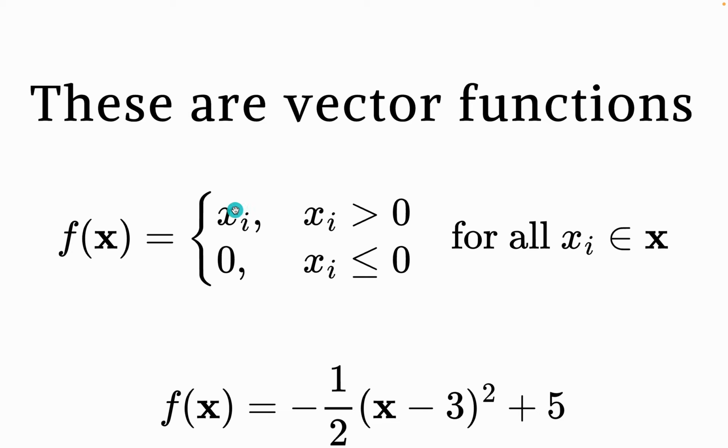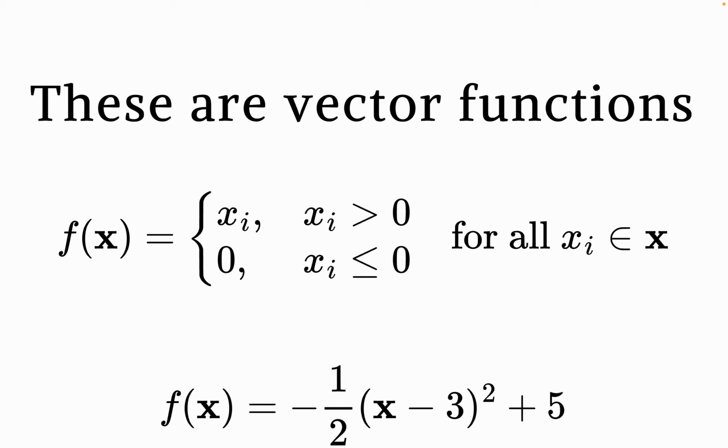So what it's trying to say is that for every x_i belonging to x. Remember how this means within? So for every single value within this vector, what we return is the value itself, if that value happens to be greater than 0, or 0 if the value happens to be less than 0, right? So all this is doing is putting every single term through this check.